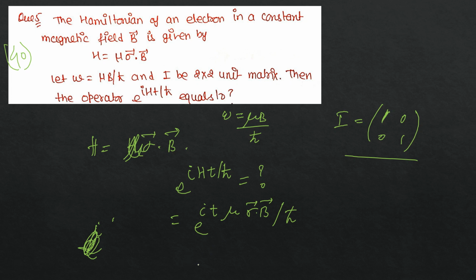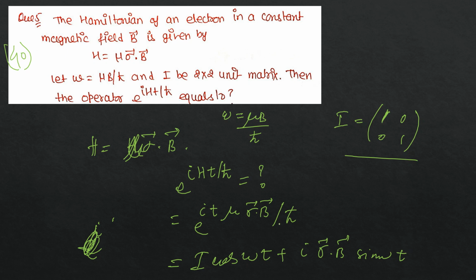If I expand it, it will be I cos omega t plus i sigma dot B sin omega t. Isn't it right?